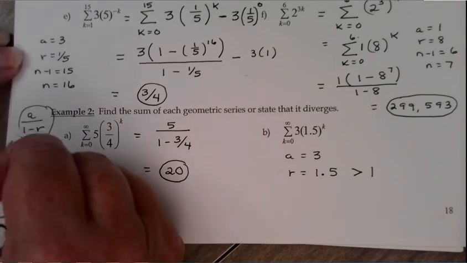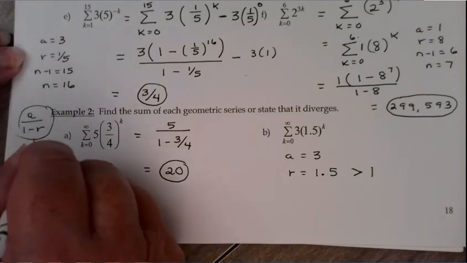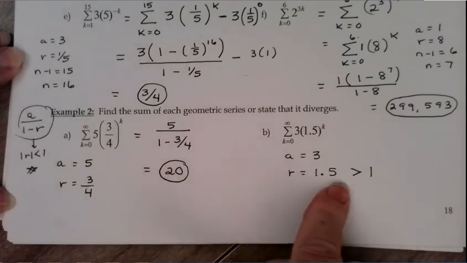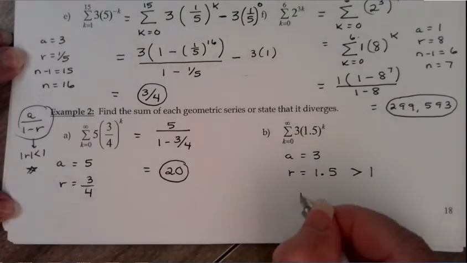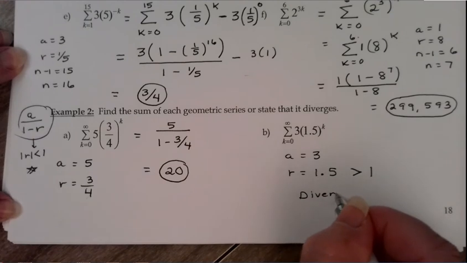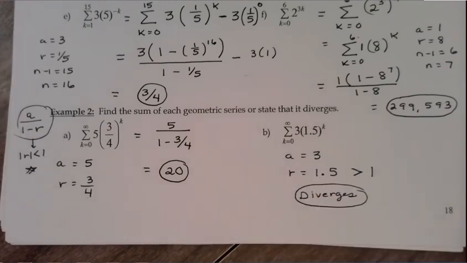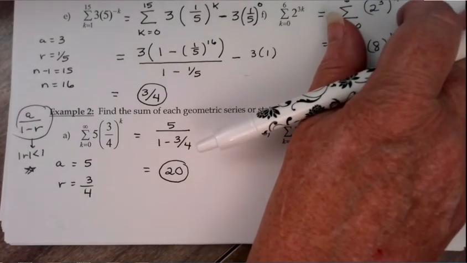That formula is only valid if the absolute value of r is less than 1, right? Since my r is greater than 1, I simply have to say that this diverges. This would go off to infinity.